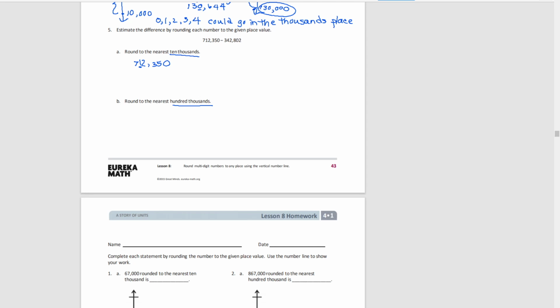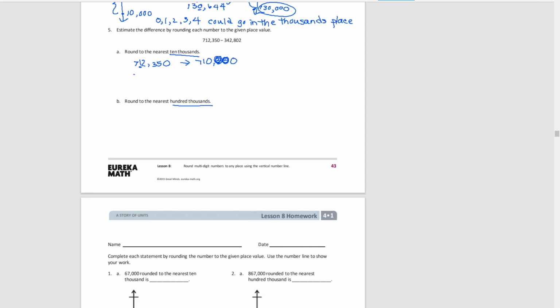So if I'm comparing 12,350 to 10,000s versus 20,000, it's closer to 10,000. So my estimate here would be 710,000. But all these digits then go to 0 when we round to the 10,000s place.